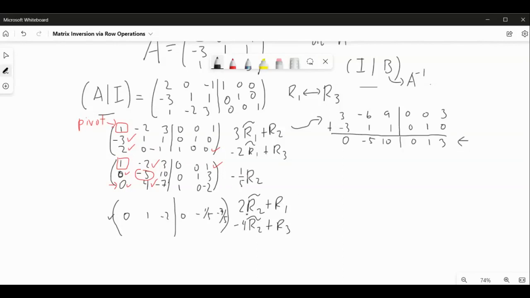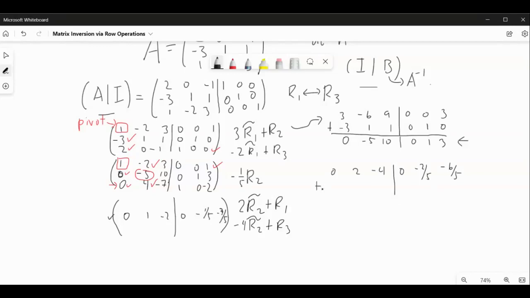So 2R2 tilde will be 0, 2, minus 4, and then 0, minus 2/5, minus 6/5. Okay.